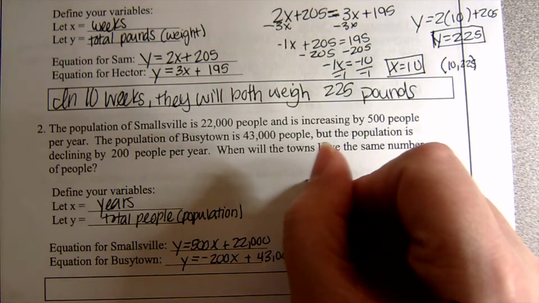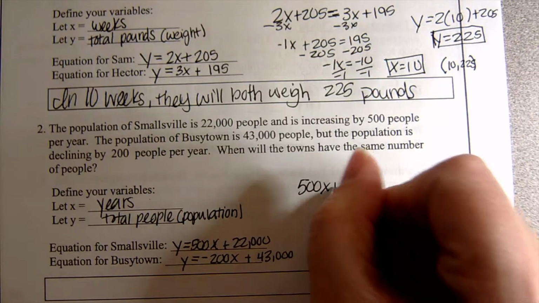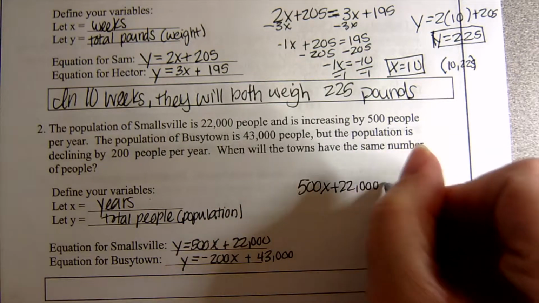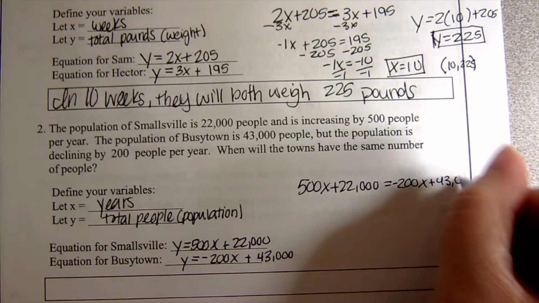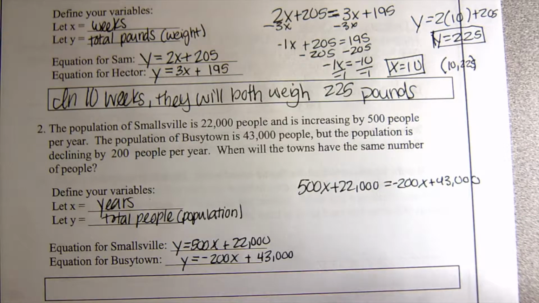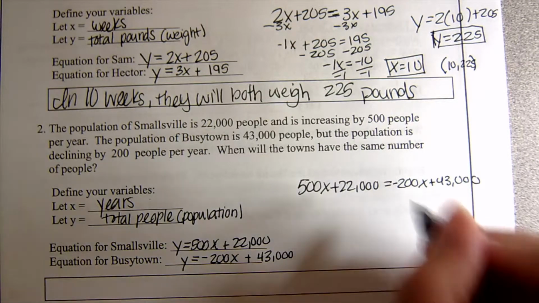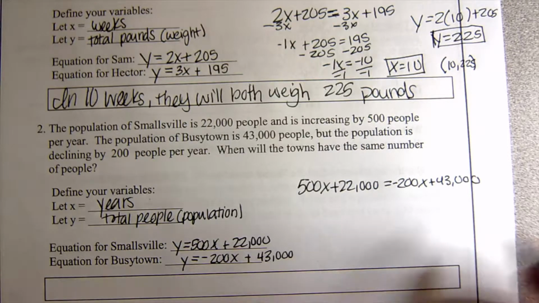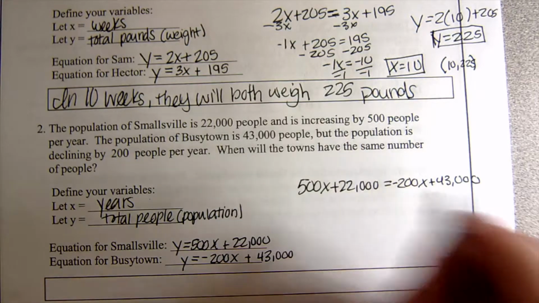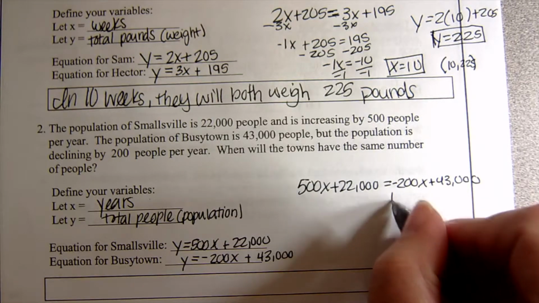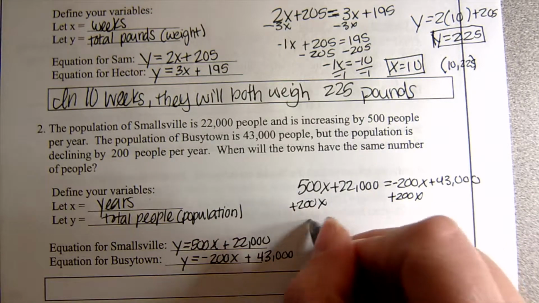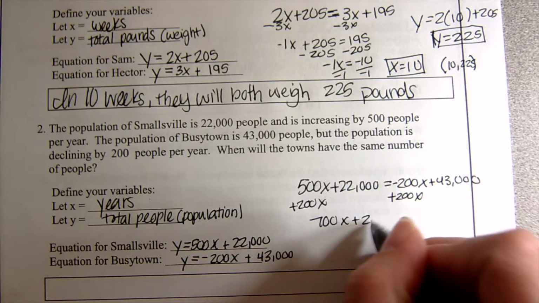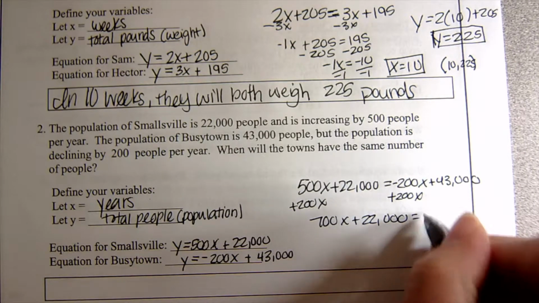So set those equal. 500x plus 22,000 equals negative 200x plus 43,000. And when you solved all that, what'd you get? So first you add 200x on both sides. So that's 700x plus 22,000 equals 43,000.